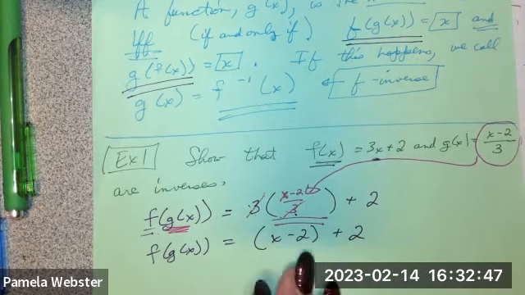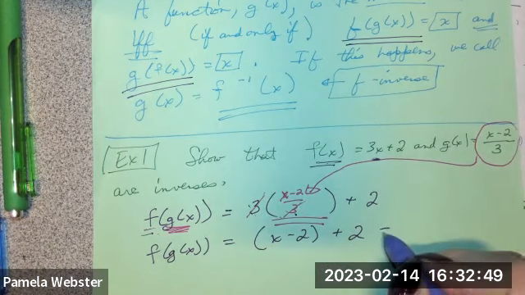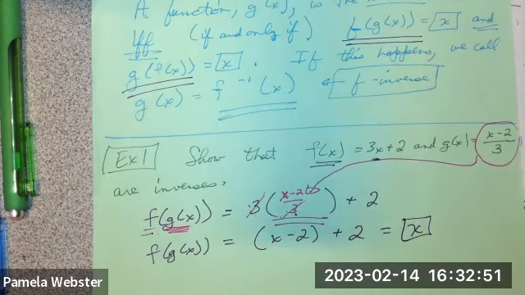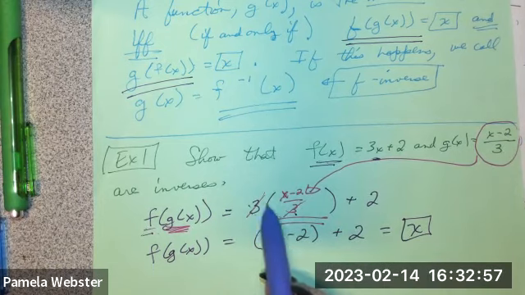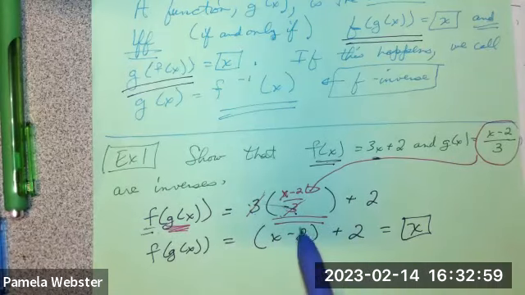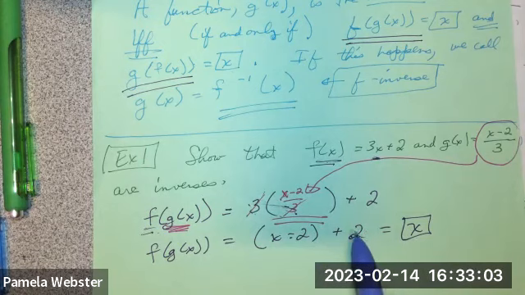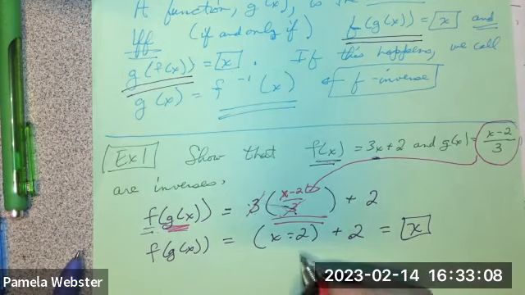But we know that minus 2 plus 2 is 0. So that is just going to be x. Oh, look, everything dropped out. The multiplication and the division by 3, those were opposite operations. So those went away. And then the minus 2 and the plus 2, those are opposite operations, so those go away. So when I knock it all out, what I'm left with is just the x.